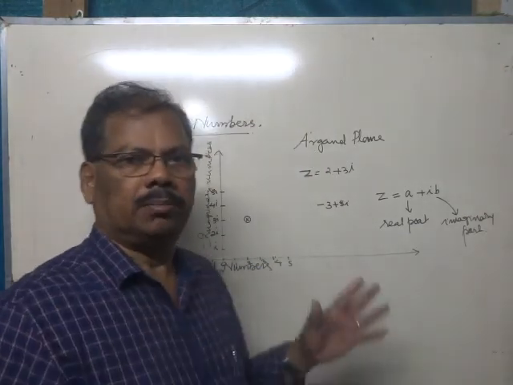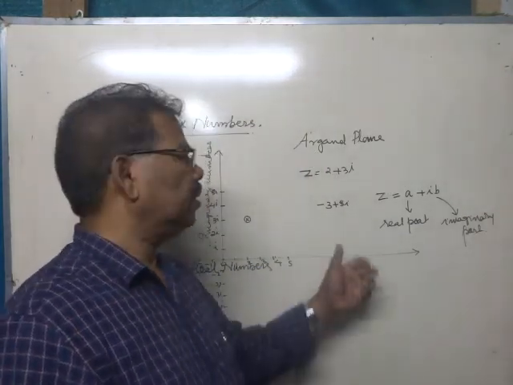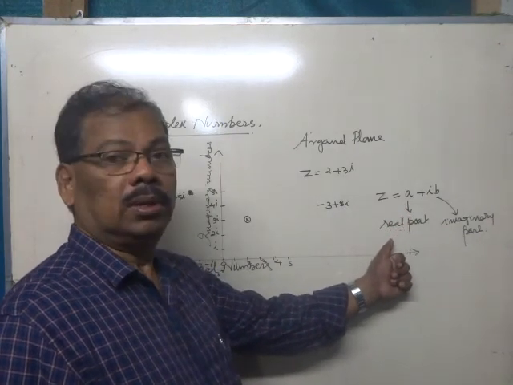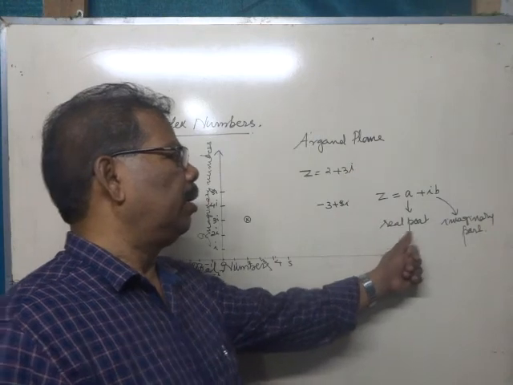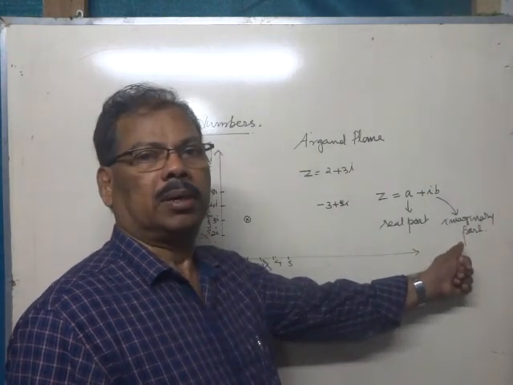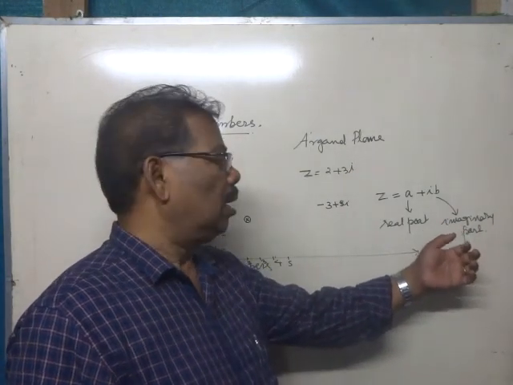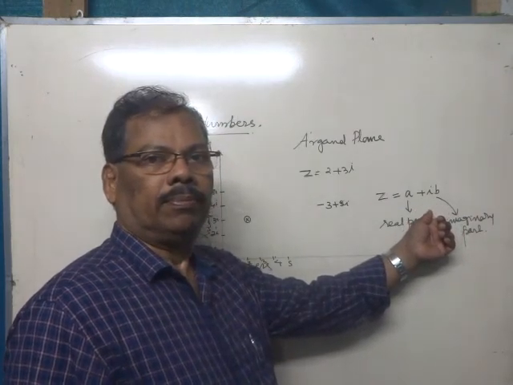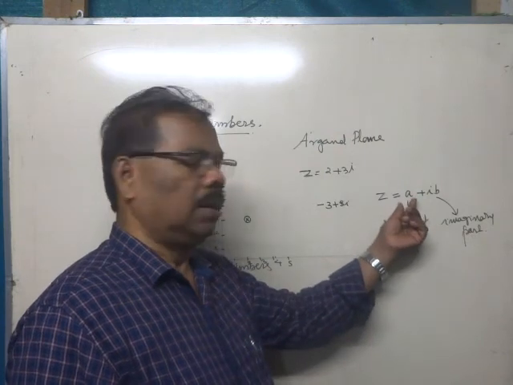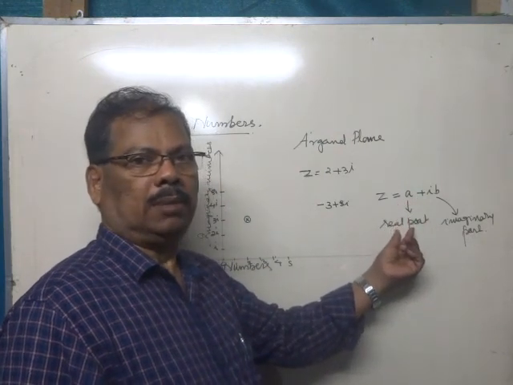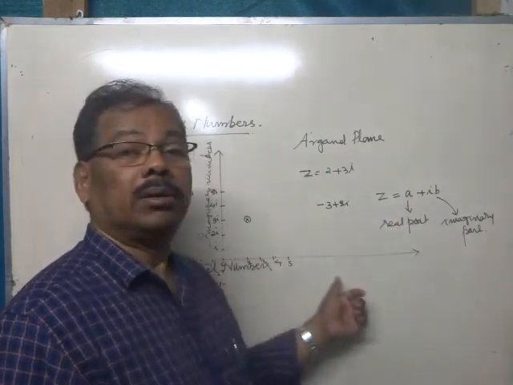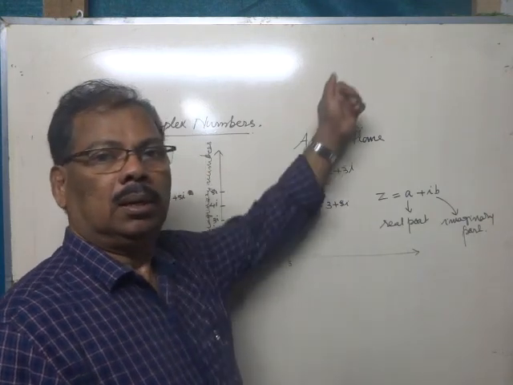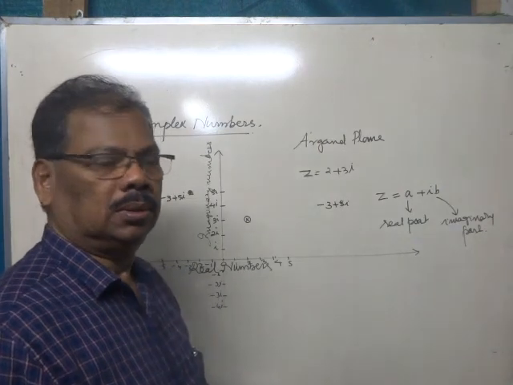Therefore, any complex number will be of the form a plus ib, where a is the real part and b the imaginary part. b says how many i's are there. a will be the real part along the horizontal axis and b will be along the vertical axis.